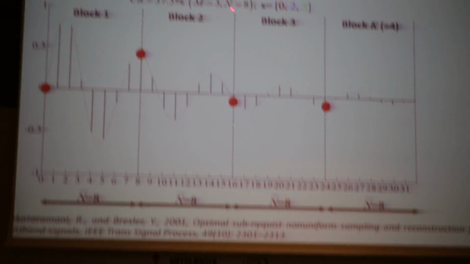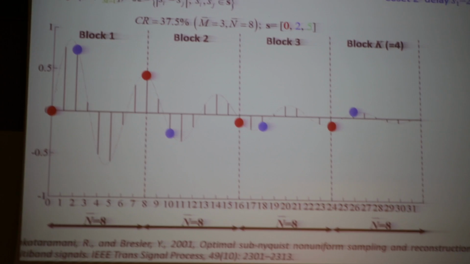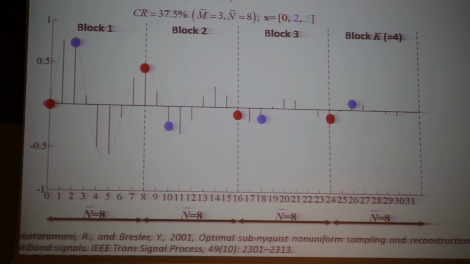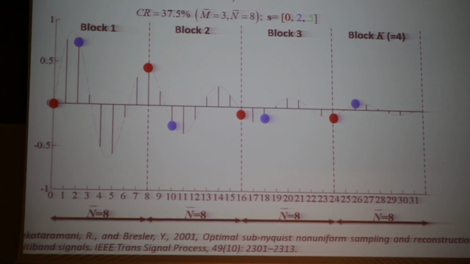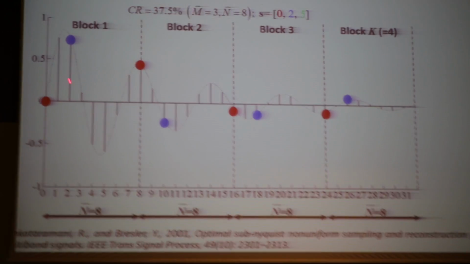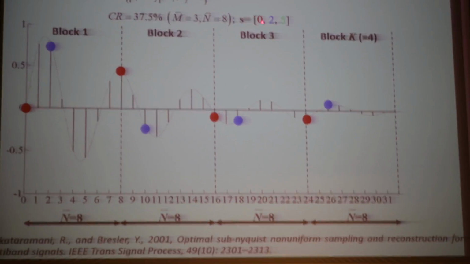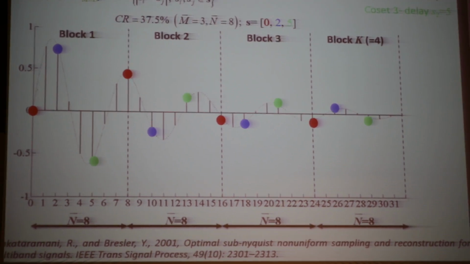We are getting m, much smaller than n, number of samples, but these samples must have the same position within each and every block. So we're getting the red samples from each block at index 0, the blue samples at index 2, the green samples at index 5, and so on and so forth.